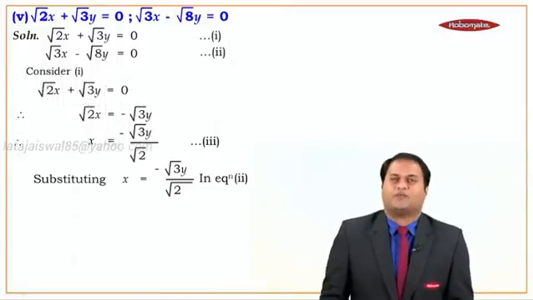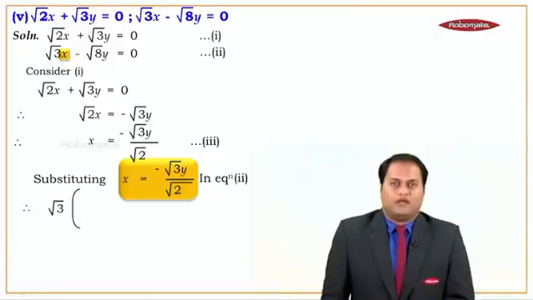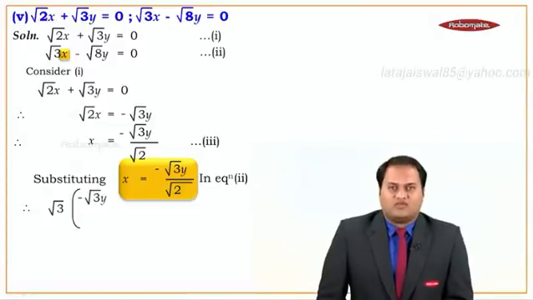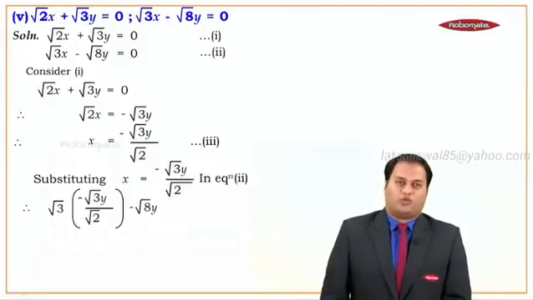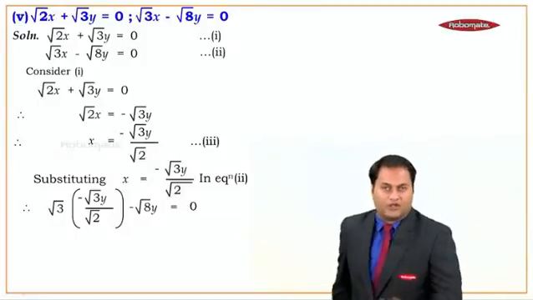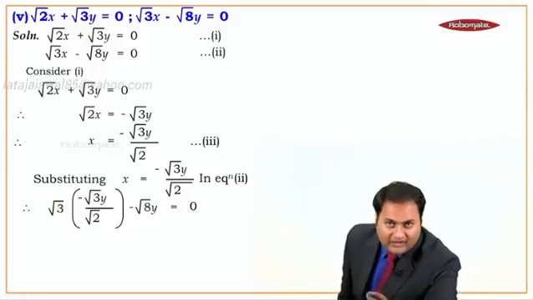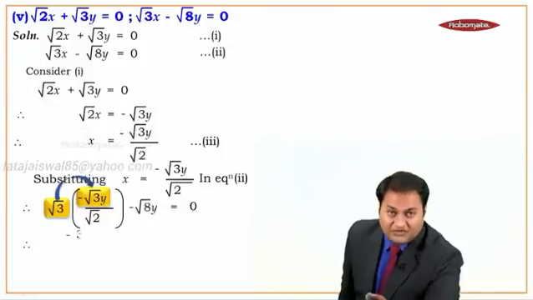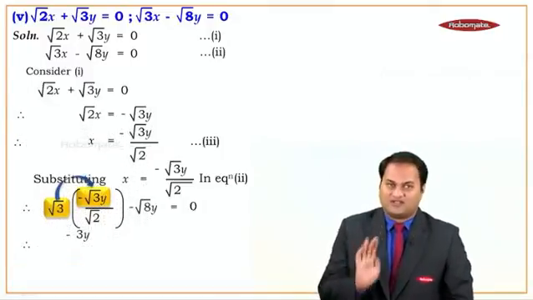Let's see what happens now. We get root 3 into minus root 3y upon root 2 minus root 8y is equal to 0. Clear? Now, very important, bracket we need to open. Root 3 into minus root 3 is minus 3.